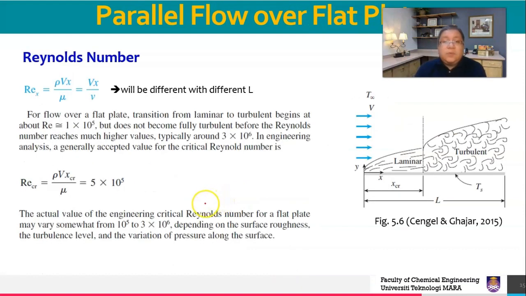So this would be the flow over flat plates, the parallel flow over flat plates. That's why we call this external convection, because this convection happens openly, at open space, on the surface.